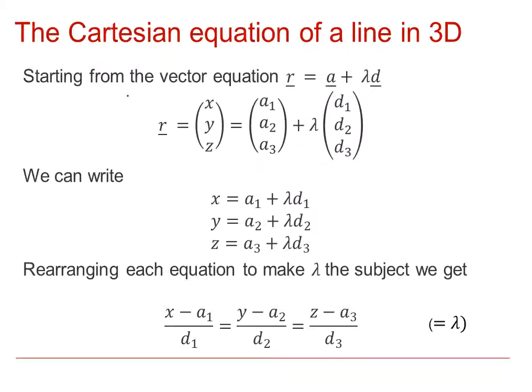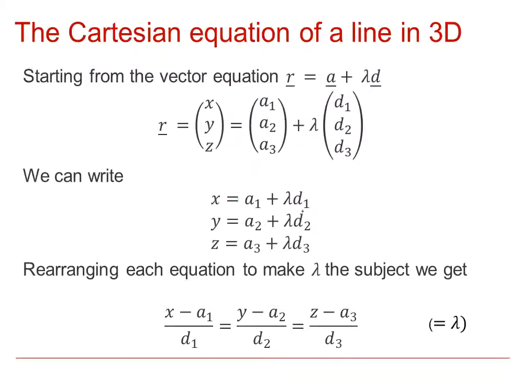So in 3 dimensions, we've got r equals a plus lambda d. You can see it's been represented by a 3-dimensional vector. So the given position vector is (a1, a2, a3), and the given direction vector is (d1, d2, d3). And if we consider r as being (x, y, z), so the top line is x equals a1 plus lambda d1, middle line y equals a2 plus lambda d2, and similarly z equals a3 plus lambda d3.